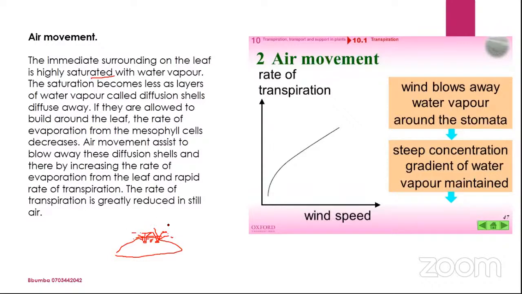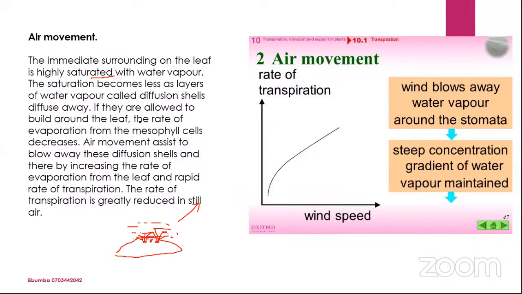Those are what we call the diffusion shells upward, meaning that the concentration of the water vapor keeps on dissipating as you move far away from the leaf surface. So close to the leaf surface where the stomata are, that's where we have the diffusion shells.